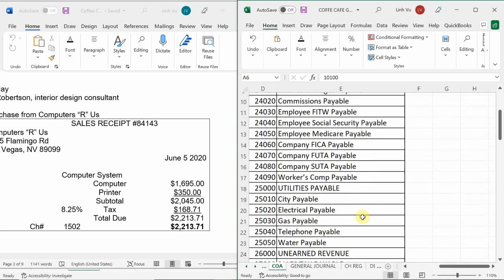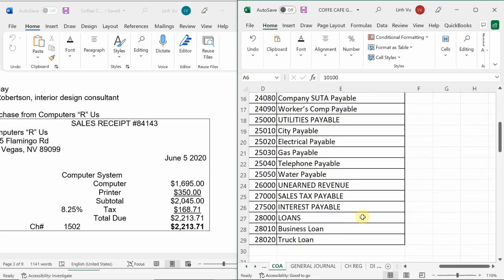But what does a sales tax payable tell you? Why am I owing the government when I'm paying the government right now? I'm sorry, I can't hear you. What was that?